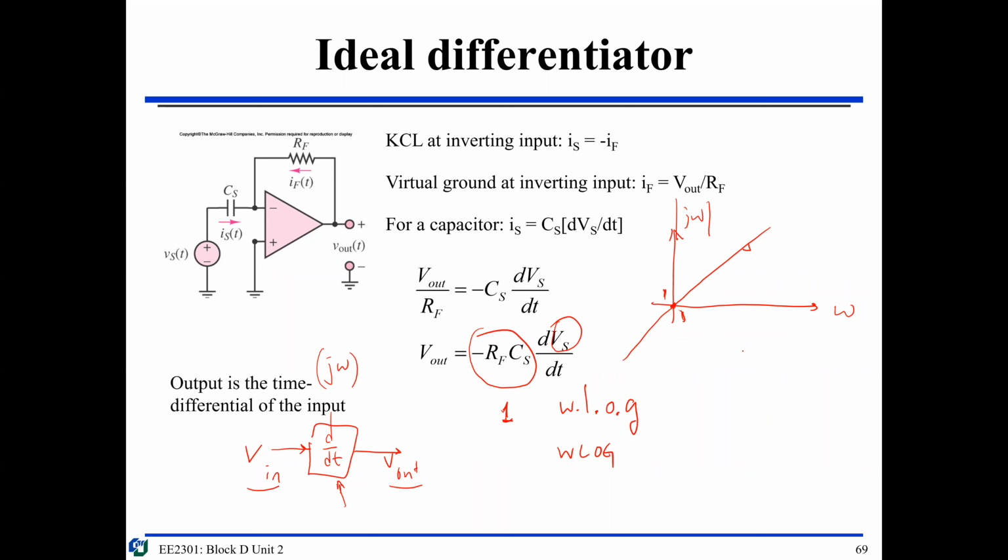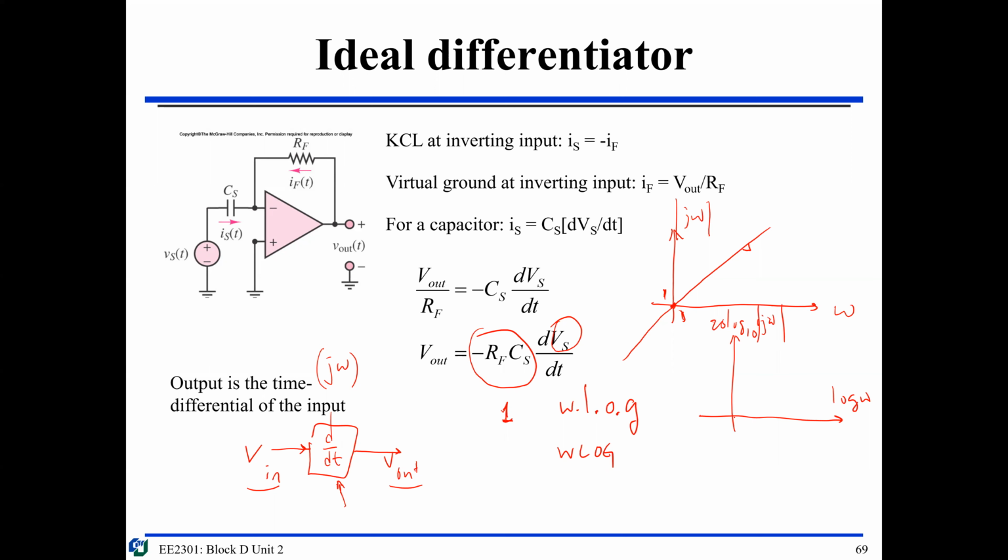But what if I plot this one with log? I have log omega, and this is 20 log 10 of the magnitude of j omega.